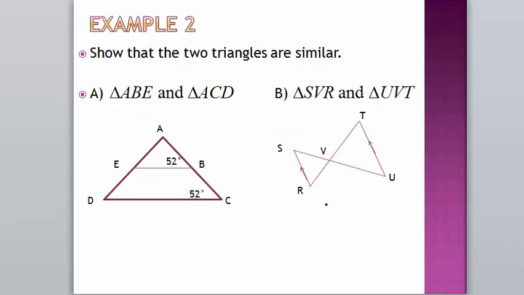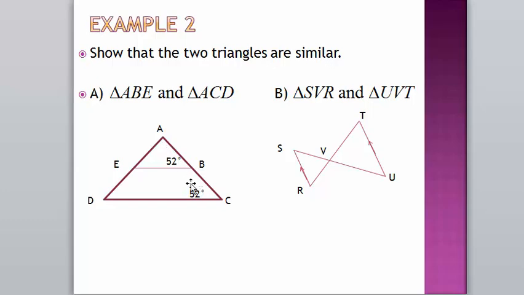Alright, let's look at another example. So take a second, write these down. So, we want to prove that triangle ABE and ACD are similar. Well, what we have is a little triangle on top, a big triangle on bottom. Right now you can clearly see angle ABE is 52 degrees, angle ACD is 52 degrees.